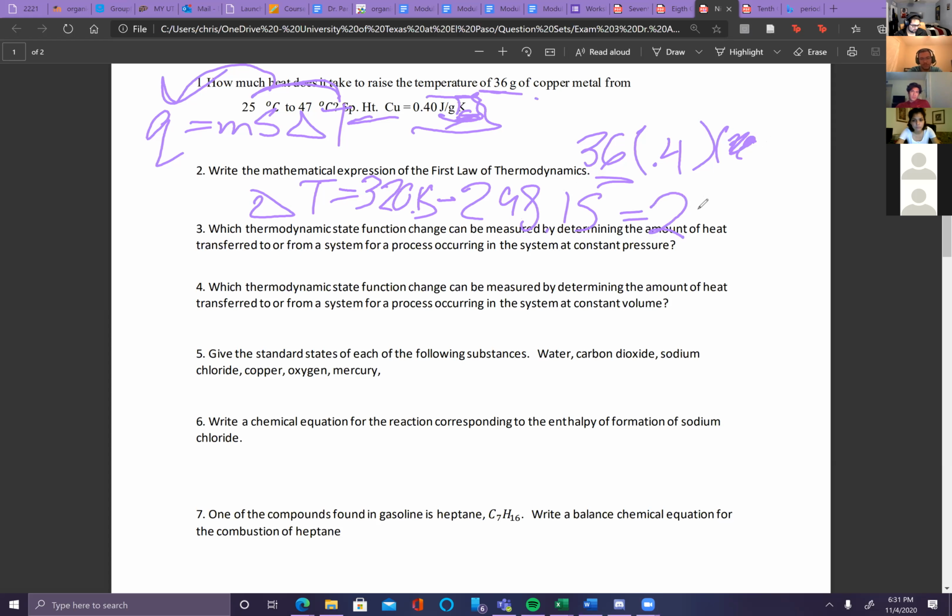That gives you 22. So 22 times 0.4 times 36. What will that give you? 316.8. Beautiful, and that will be your joules. And that's it. For calorimetry, it's just plugging in.